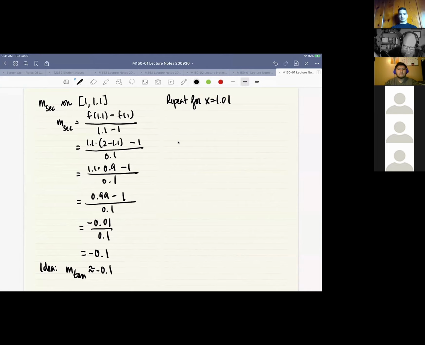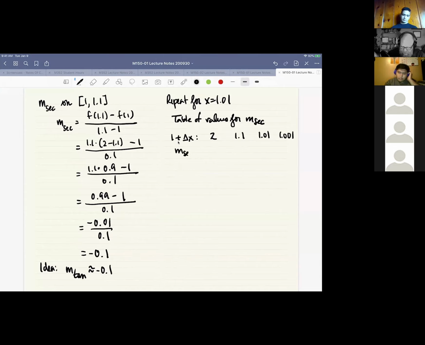I'm going to show you a table of values here for the slope of the secant. And the inputs, I'm going to have 1 plus a delta x. So the first delta x was 1. The second delta x was 0.1. So these are going to be my inputs for my second coordinate on the graph.